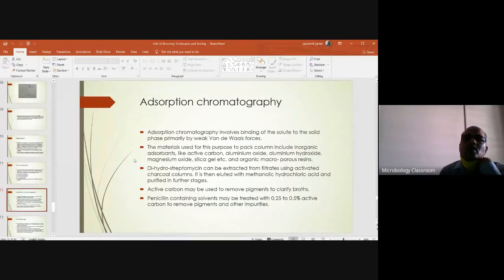So just now I have told you that for the separation of some desirable fermentation products, adsorption chromatography is used, which means you have to adsorb the fermentation product using adsorbents such as active carbon, aluminum oxide, aluminum hydroxide, magnesium oxide, silica gel, and other organic macroporous resins.